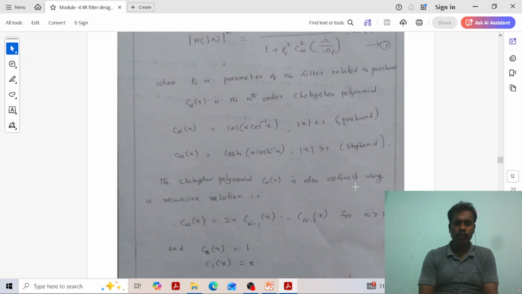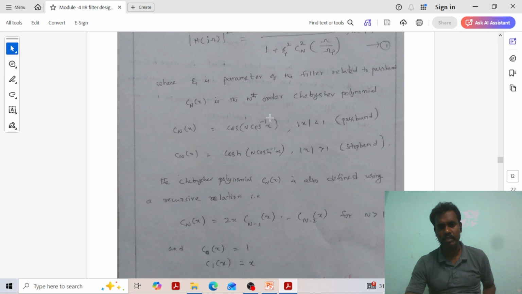So what is Cn of x? It is a polynomial. This polynomial is a cosine function or hyperbolic function. So cos of n cos inverse of x when frequency is less than cutoff frequency, or x is less than omega p. Here x is omega by omega p, and omega by omega p less than 1 means omega less than omega p.